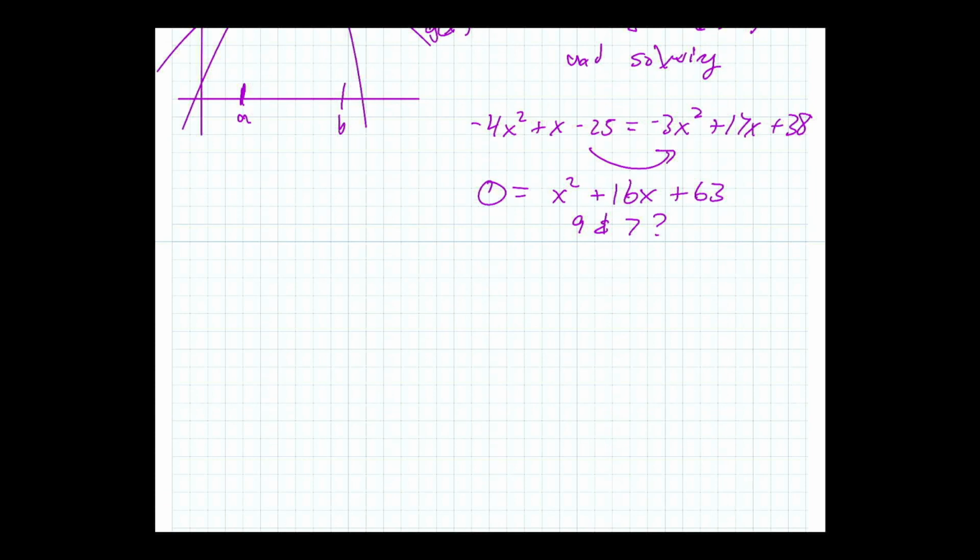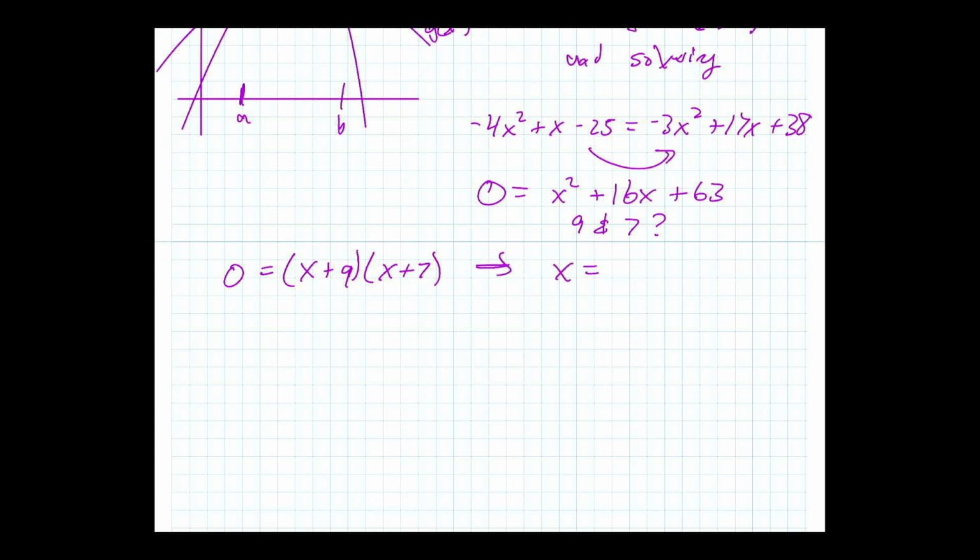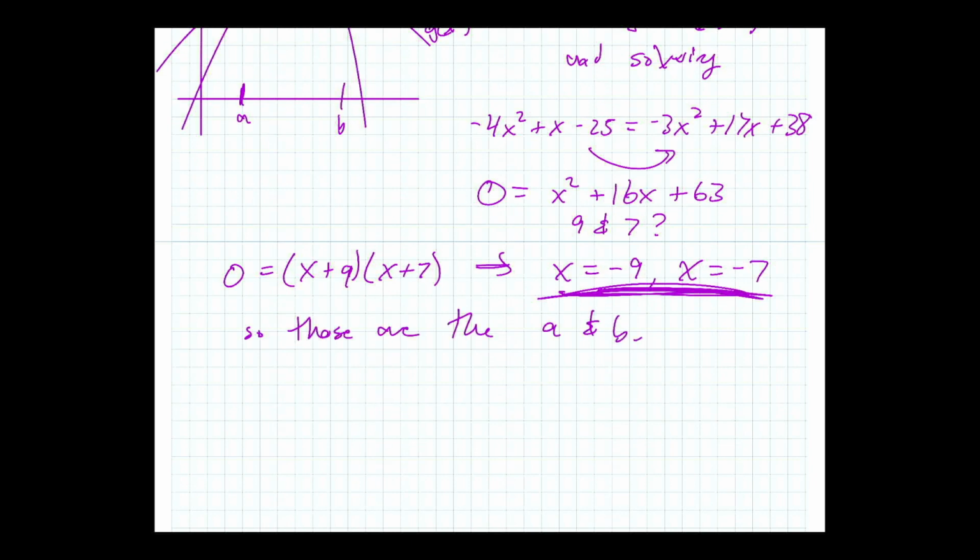So this is going to be 0 equals x plus 9 times x plus 7, which tells you x equals negative 9, x equals negative 7 are your solutions. All right, so that's where your a and your b are going to come from. So those are the a and the b.